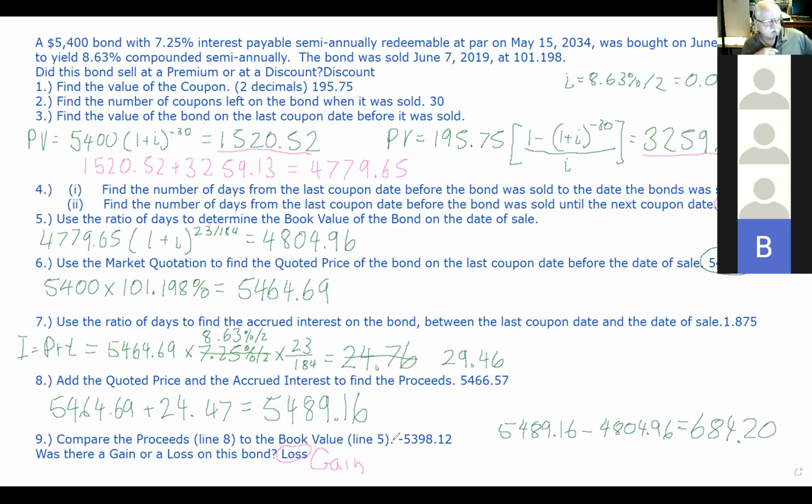So that all works out, except that the ratio of days to find the accrued interest. Why isn't that calculation working?